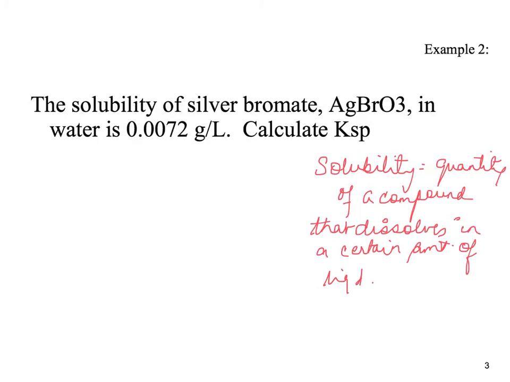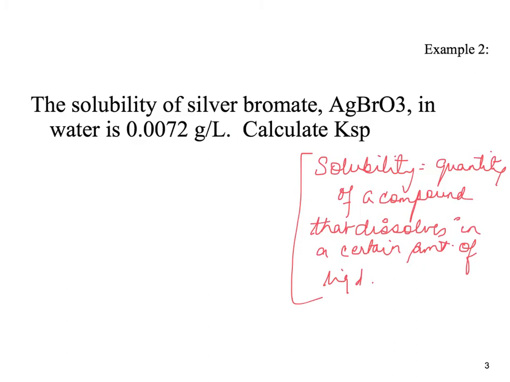So let's take a look if we are given some information on solubility and if we can determine how we can correlate the KSP from here. The question is, the solubility of silver bromate, AgBrO3, in water is 0.0072 grams per liter.